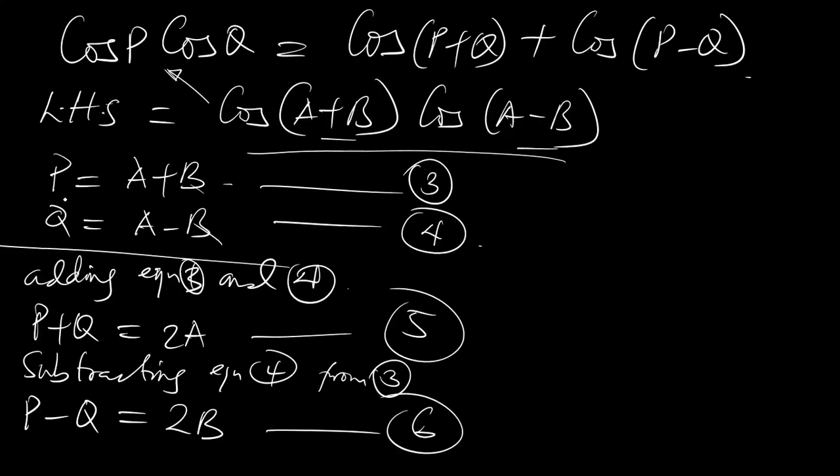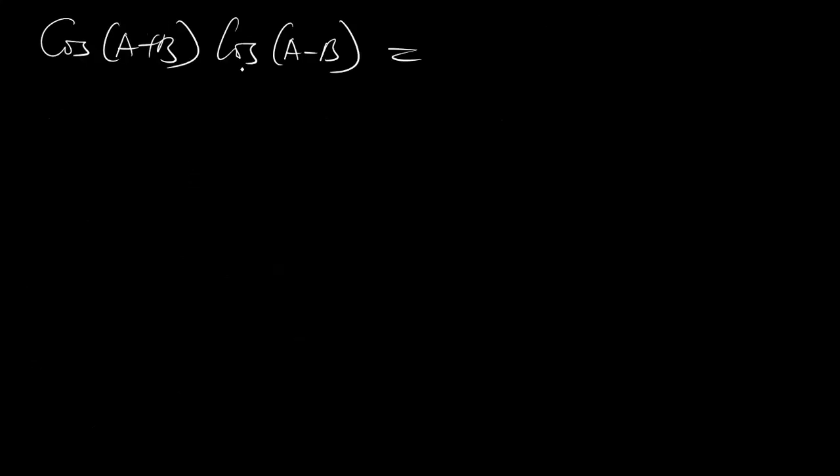You have cos(a + b) cos(a - b), where p is equal to a plus b.